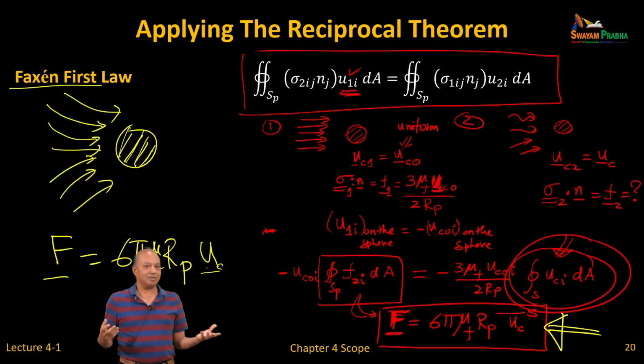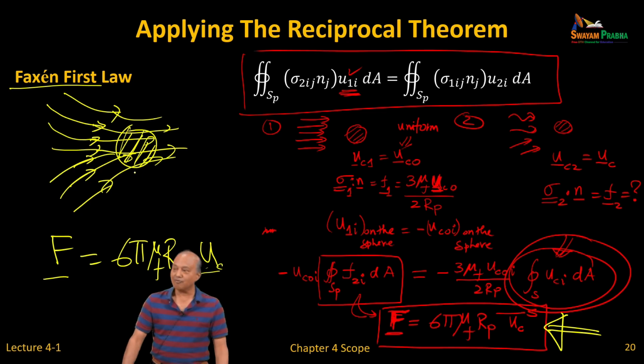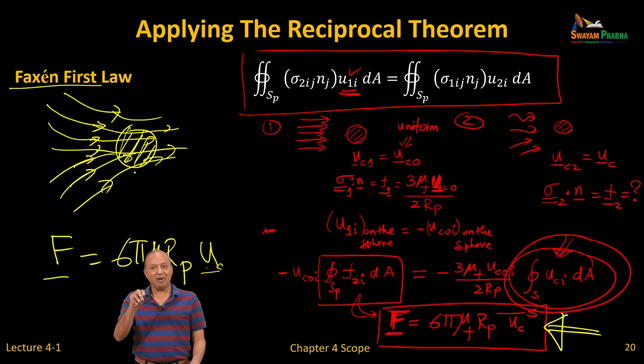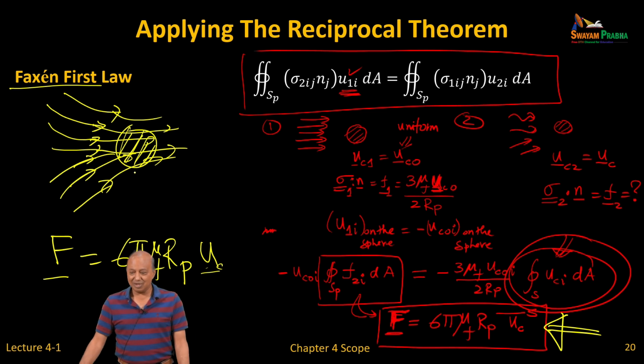In other words, the undisturbed flow velocity at the particle is changing. If the particle is really, really tiny, you may say, who cares? But if the flow changes on the scale of the particle, then if somebody tells you go use the Stokes law, I will be puzzled.